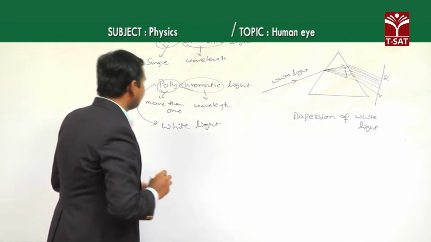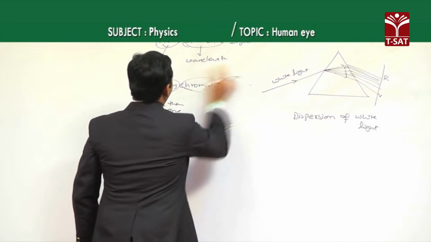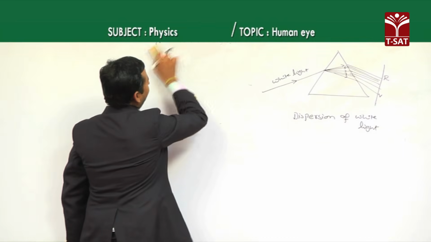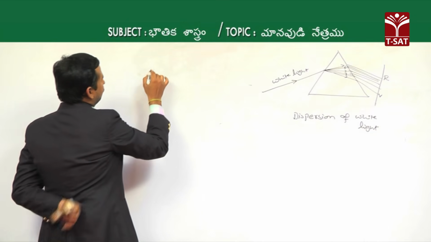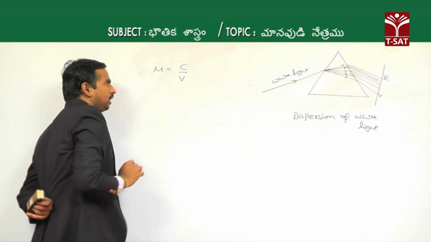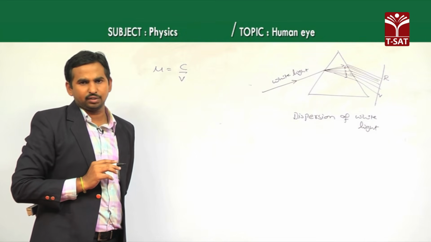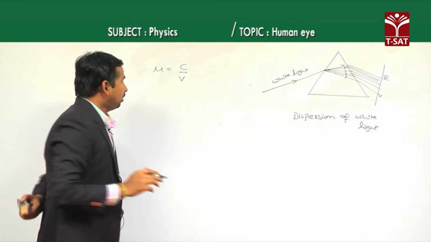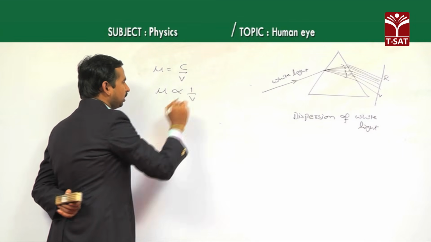See here, the refractive index, as we already know, is related to the velocity: mu is equal to c by v. Mu is the refractive index, where c is the speed of light in vacuum and v is the velocity of light in the given medium we are taking. So the refractive index mu is inversely proportional to the velocity.